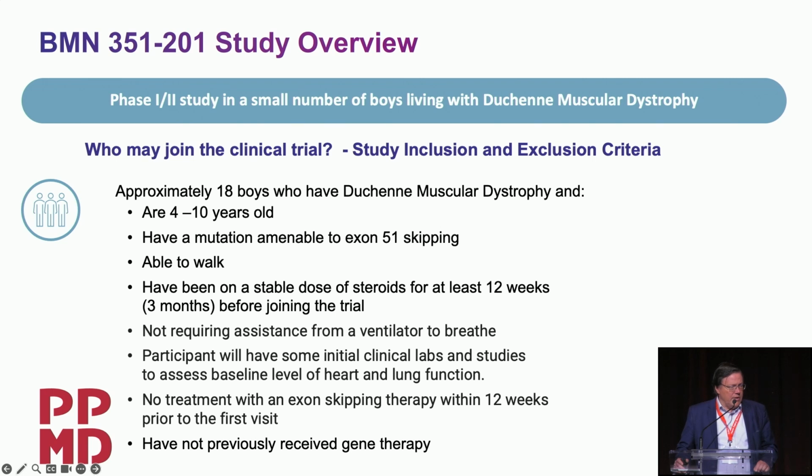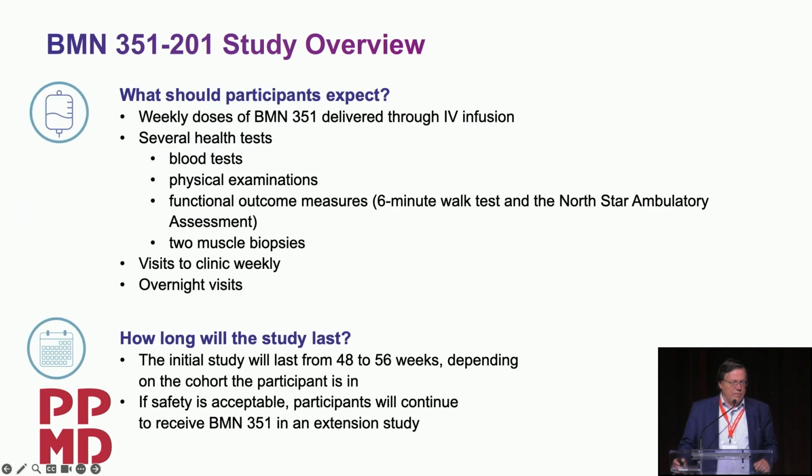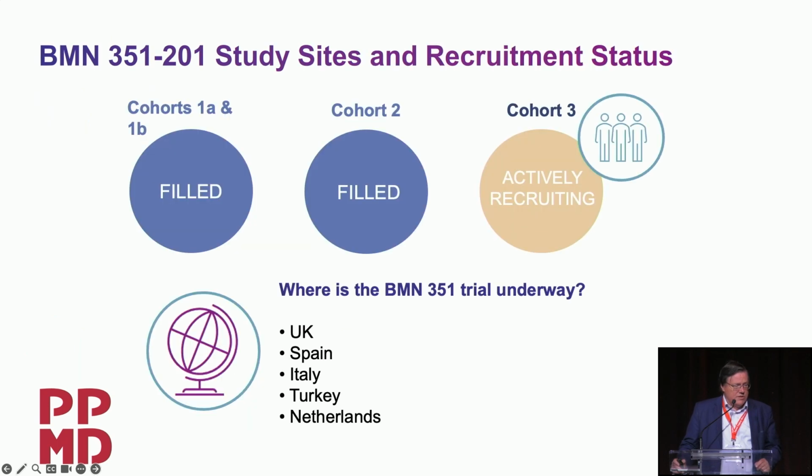There are other rules, of course, such as not having other exon skipping therapies and not having received gene therapies. If you choose to participate in this, it's going to involve infusions, standard tests, and weekly clinic visits, and it will last 48 to 56 weeks. And if safety is acceptable, patients would continue in an extension study.